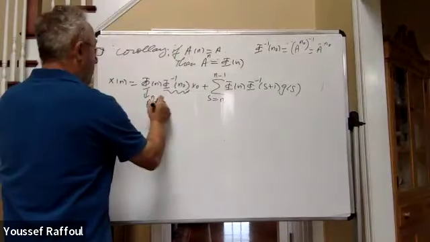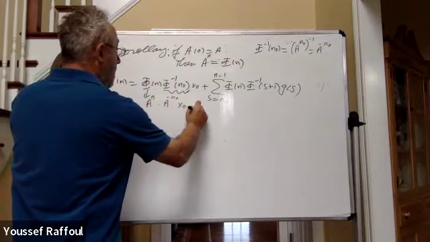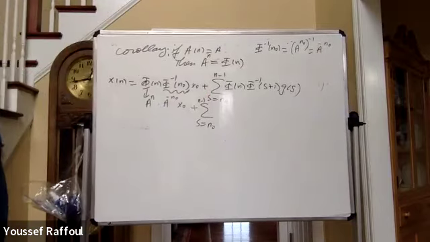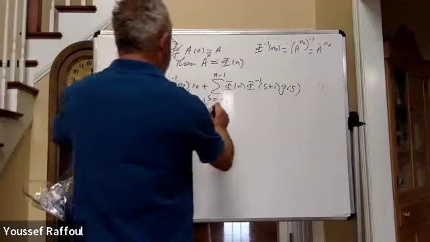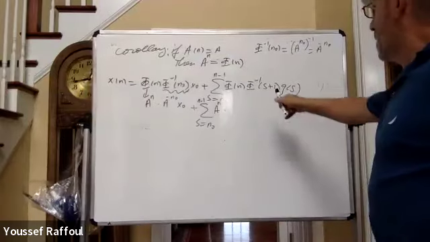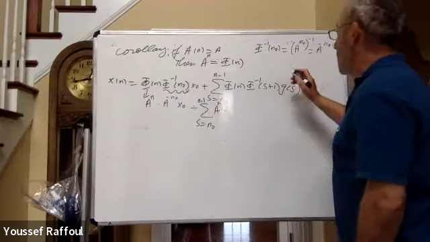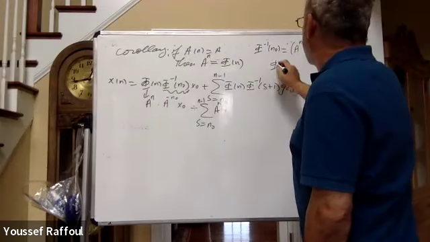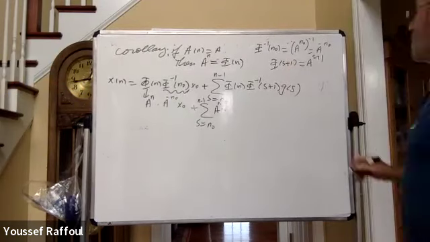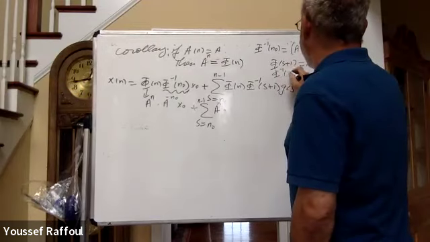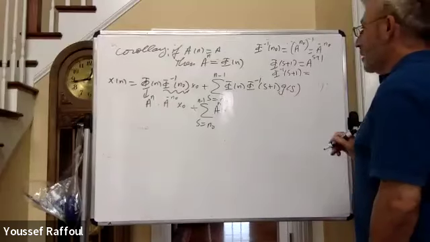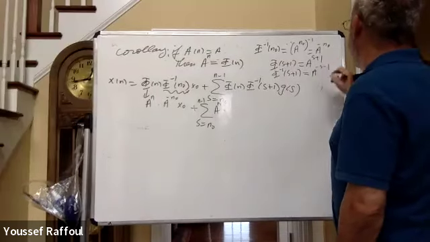So that will be A^{n−n0} x0 plus the sum from s = n0 to n−1, where Φ(n) will be A^n times Φ^{-1}(s+1). Φ(s+1) is A^{s+1}, so Φ^{-1}(s+1) equals A^{-s-1}.